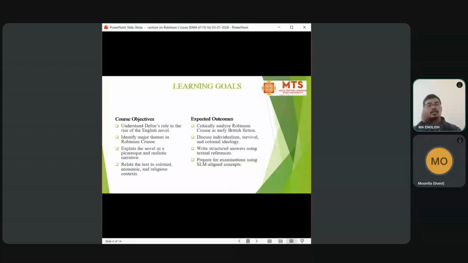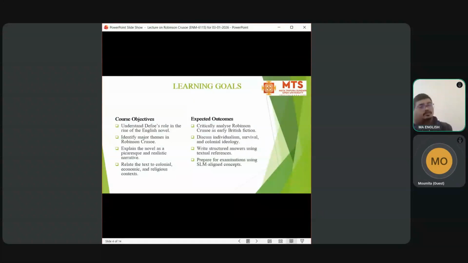Another important objective is to explain Robinson Crusoe as a realistic narrative. And finally, the course also aims to help you relate the novel to its colonial, economic, and religious context. So you see, this novel reflects 18th century European values.